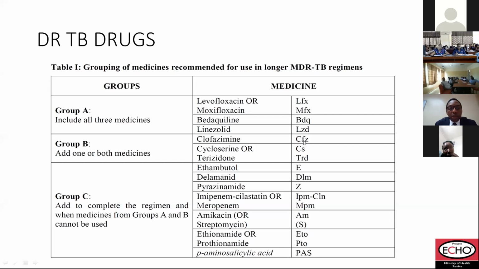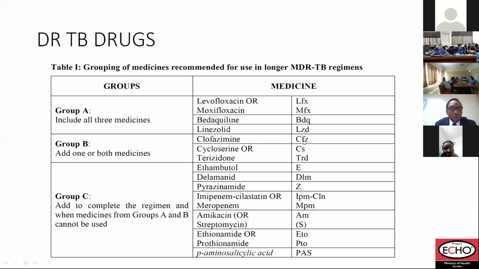The reason it happens is that you may have a patient who's resistant to the fluoroquinolone, so you're not going to use the fluoroquinolone. And that patient may also be anemic, so you will not use linezolid. So the only drug you're remaining with is bedaquiline.